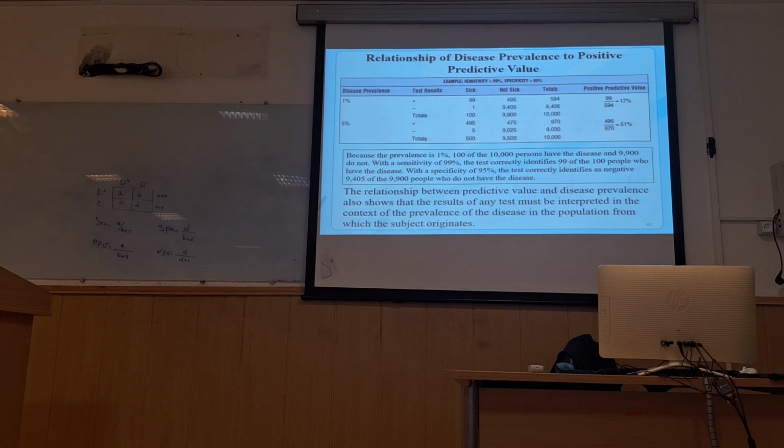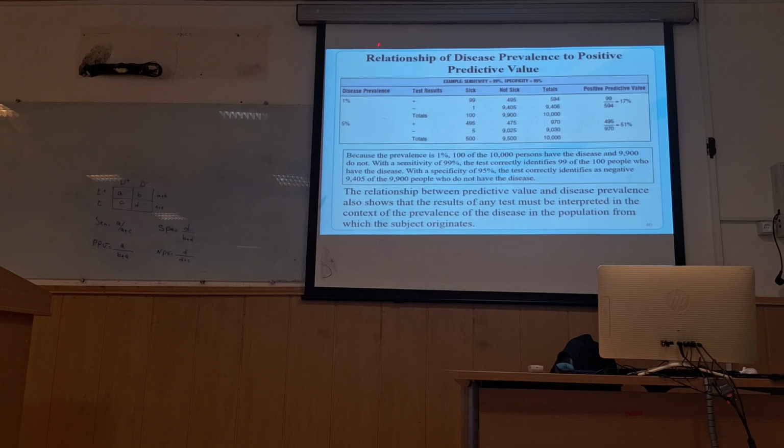We use the same test among these populations or among these countries, but positive predictive value is different between them because the prevalence of the disease of interest is different among these countries.